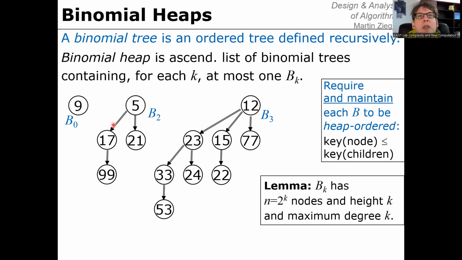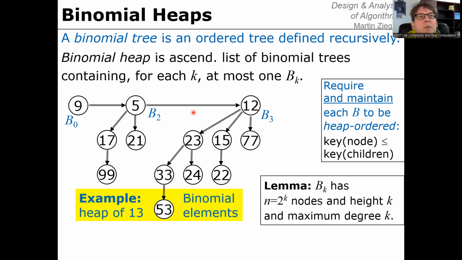And same here. So these are all heap ordered binomial trees, and each order occurs at most once. So this is a binomial heap of 13 elements corresponding to the binary expansion of 13.